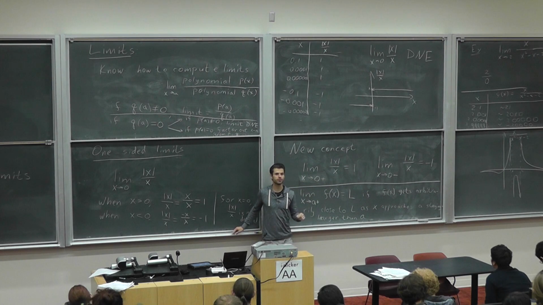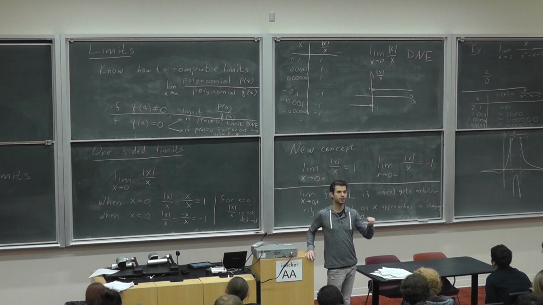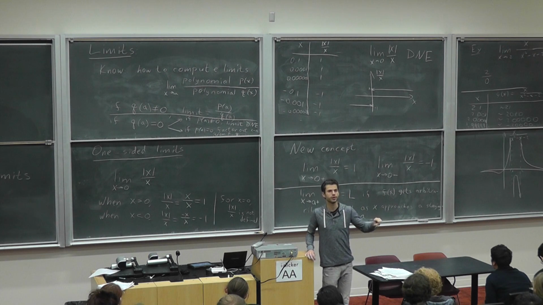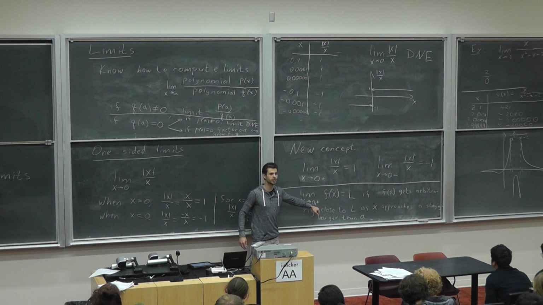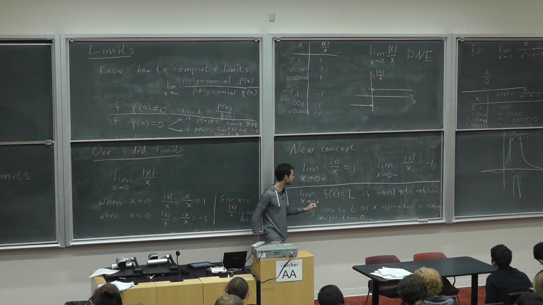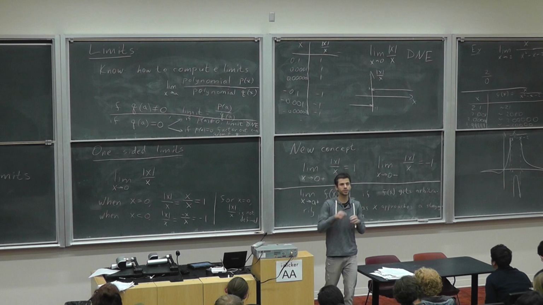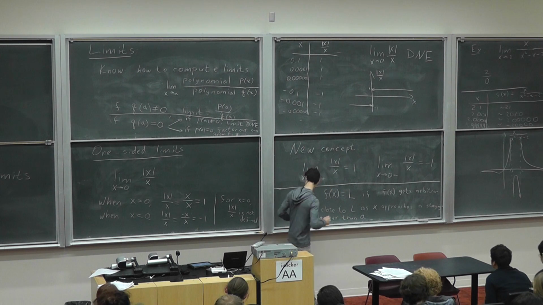For the limit itself, we allow x to approach a from either side, either a little bit larger than a or a little bit smaller. For a one-sided limit like this, say limit from the right, limit as x approaches a from the positive side, it means that x is very close to a, but a little bit larger. We don't allow it to get smaller than a.